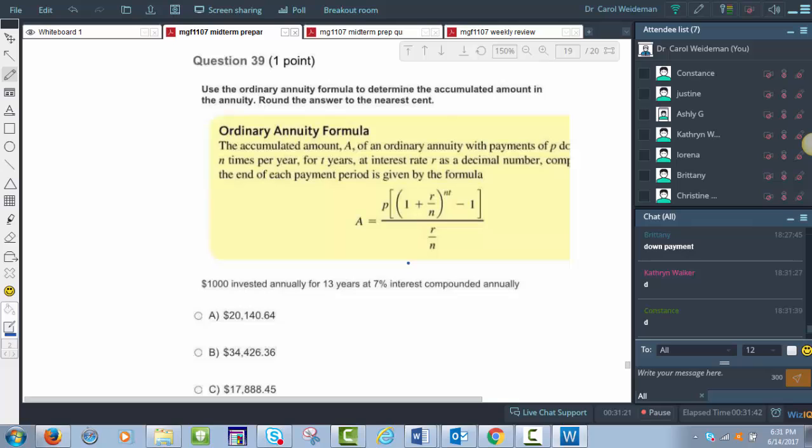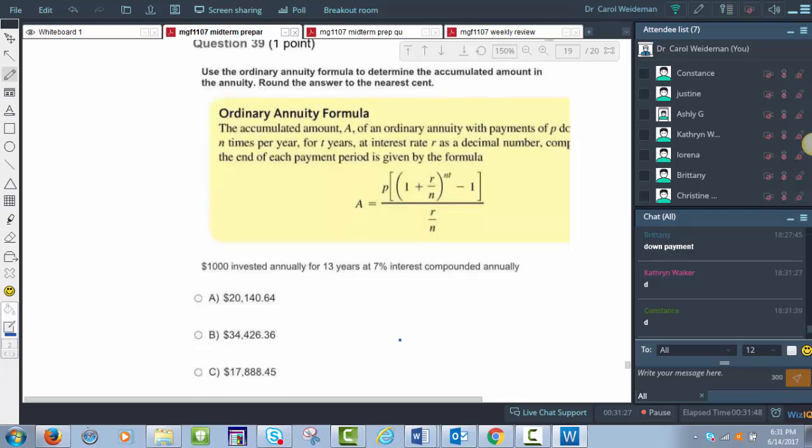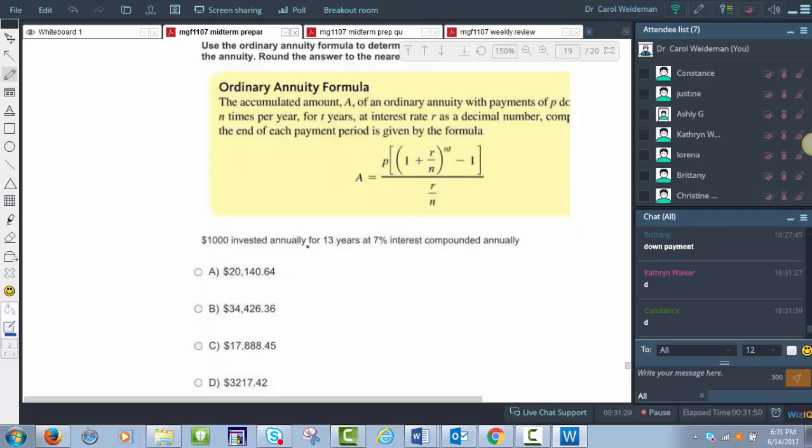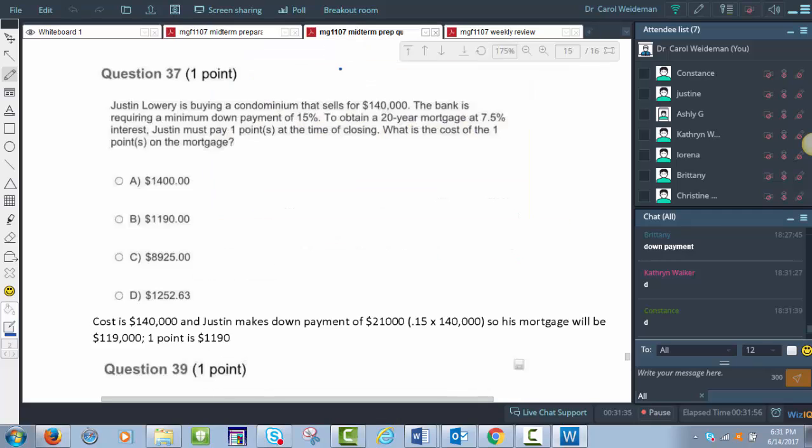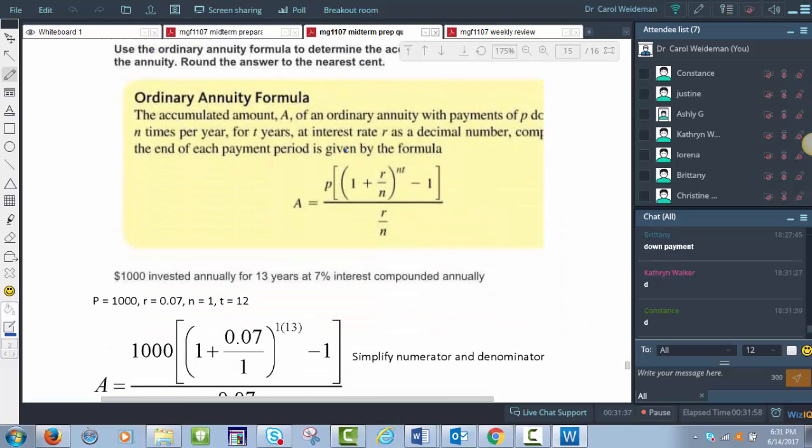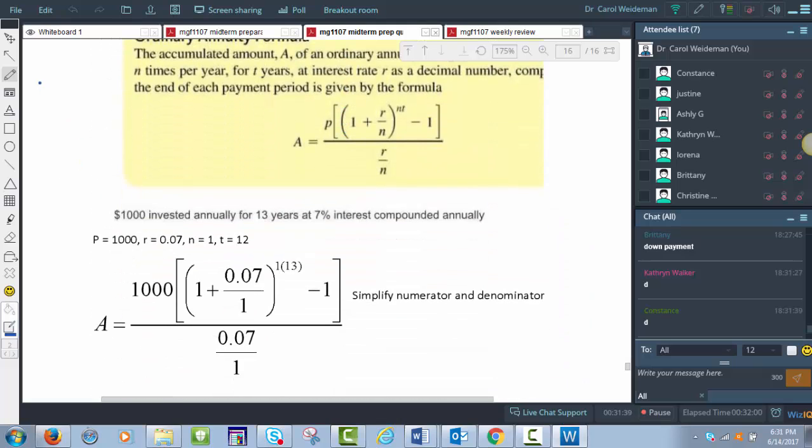All right, 2 formulas in this section. The ordinary annuity formula. This is how much we accrue if we put away a certain amount of money at regular periods. And we want to invest $1,000 for 13 years, 7% compounded annually. So P is 1,000. My interest rate is 0.07.